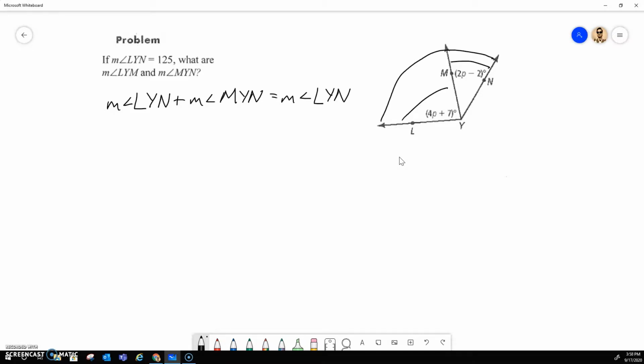LYN. You could have also named the total angle in the opposite direction, NYL. The only reason I named it LYN is that it matches what I see in the problem.